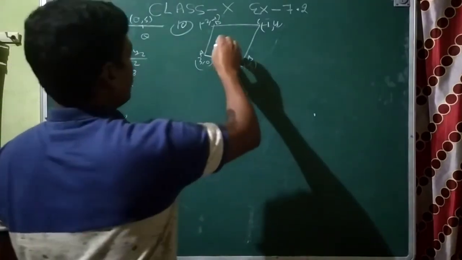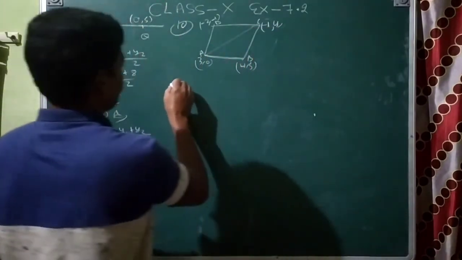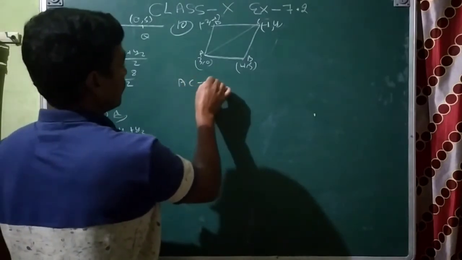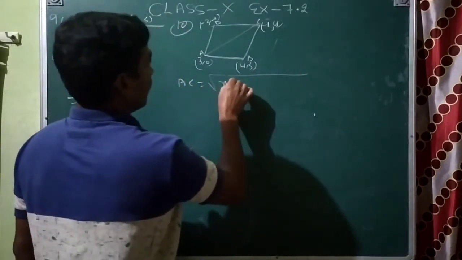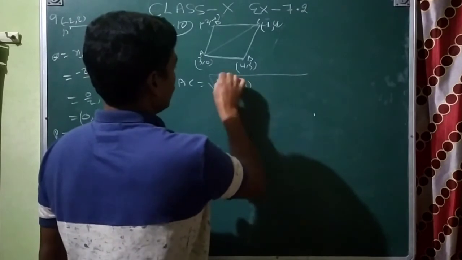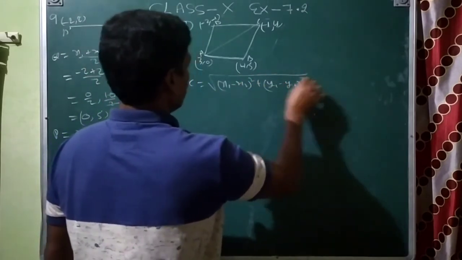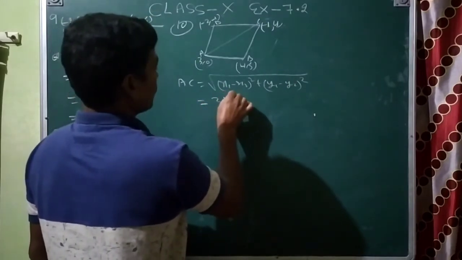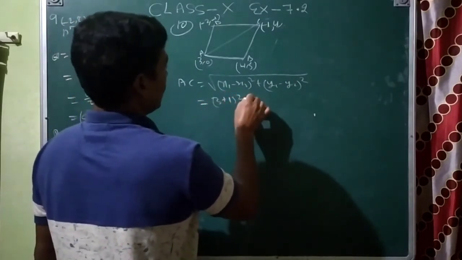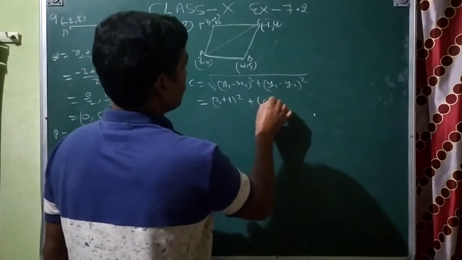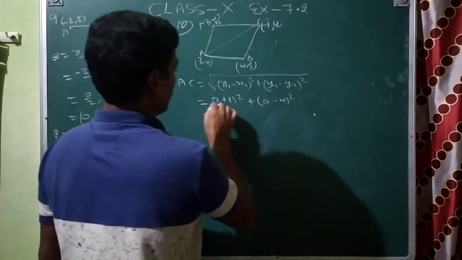First of all we find the diagonal. AC is equal to the square root of (x1 minus x2) whole squared plus (y1 minus y2) whole squared. So that is 3 plus 1 whole squared and 0 minus 4 whole squared.